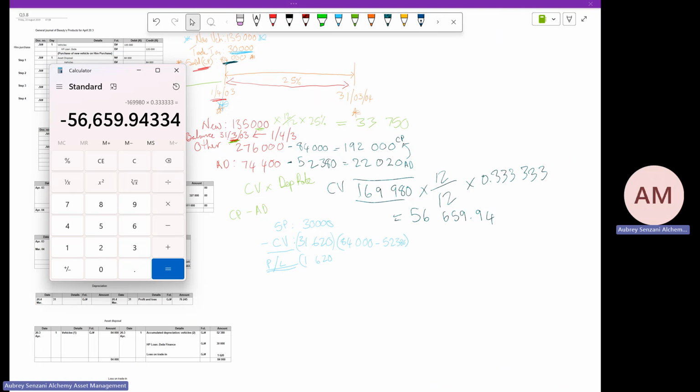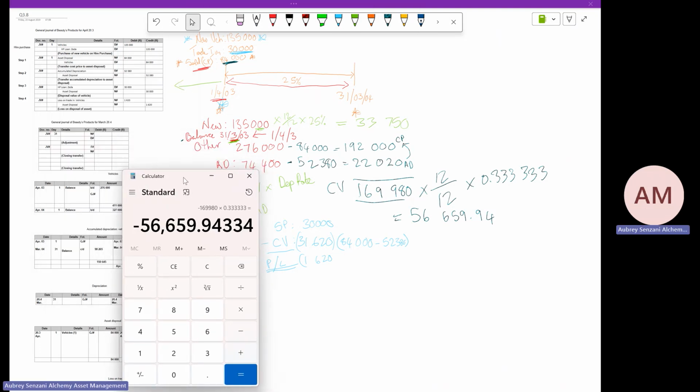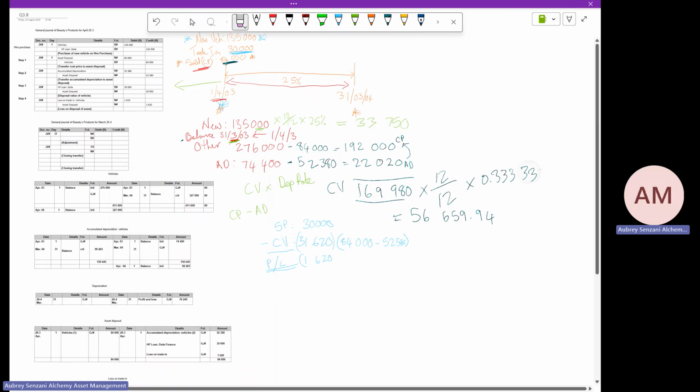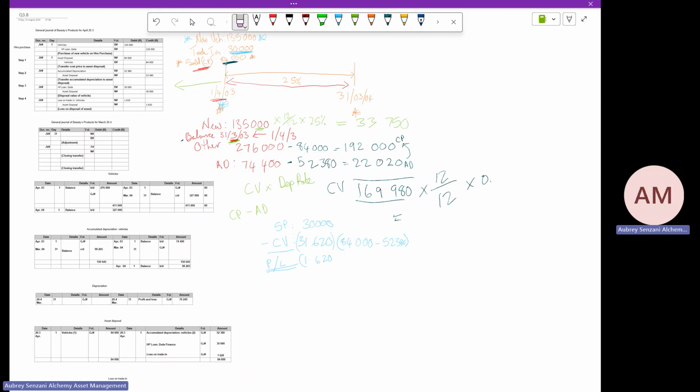We did not use 33. That is from the previous exercise. It was actually 25% in this exercise. I'm just seeing it now. Wrong thing. 25.